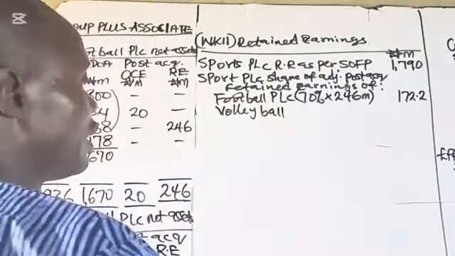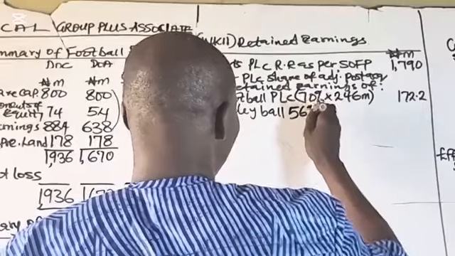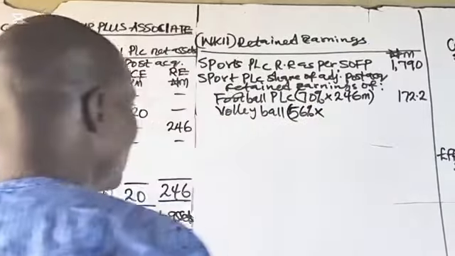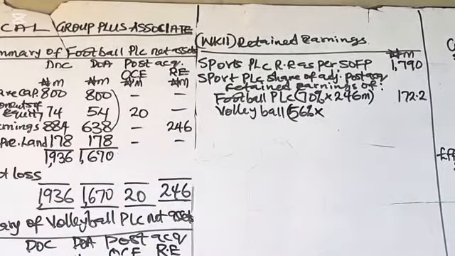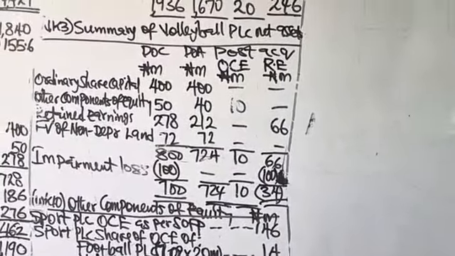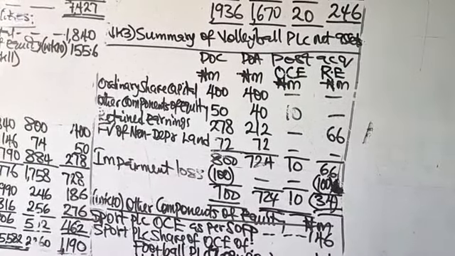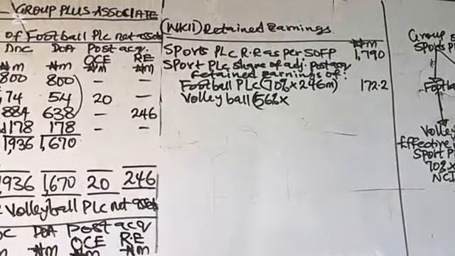That of Volleyball, we use the effective interest, which is 56% as determined from working one. 56% of how much is the adjusted post-acquisition retained earnings of Volleyball. From the summary of Volleyball's net asset, we have a net loss of 34 million.